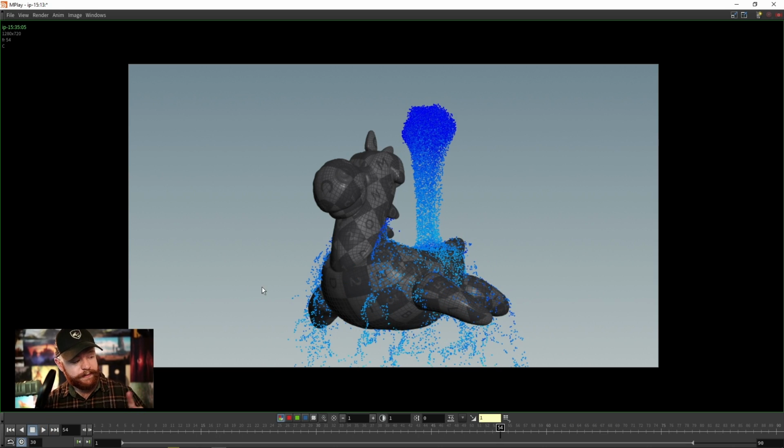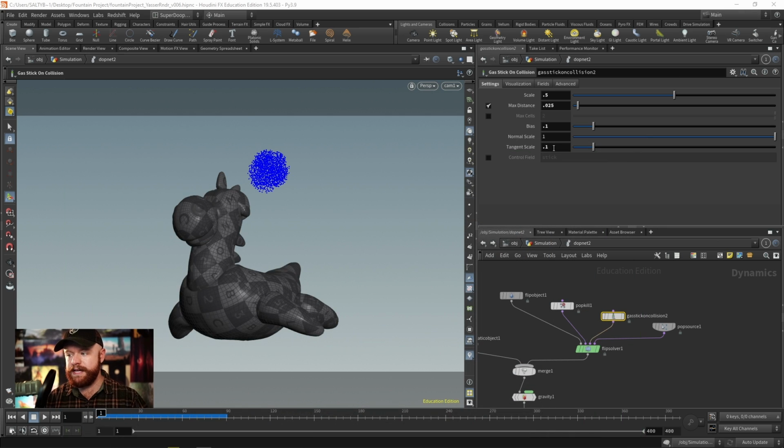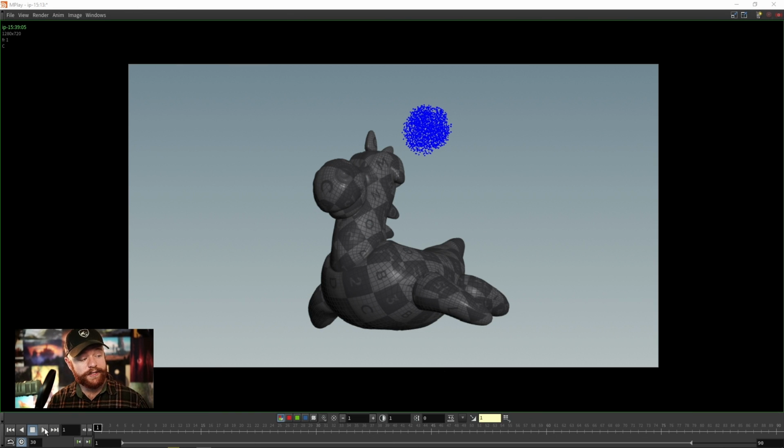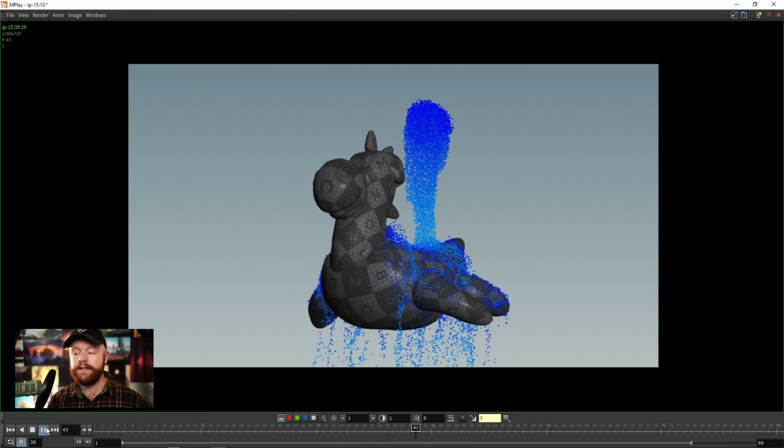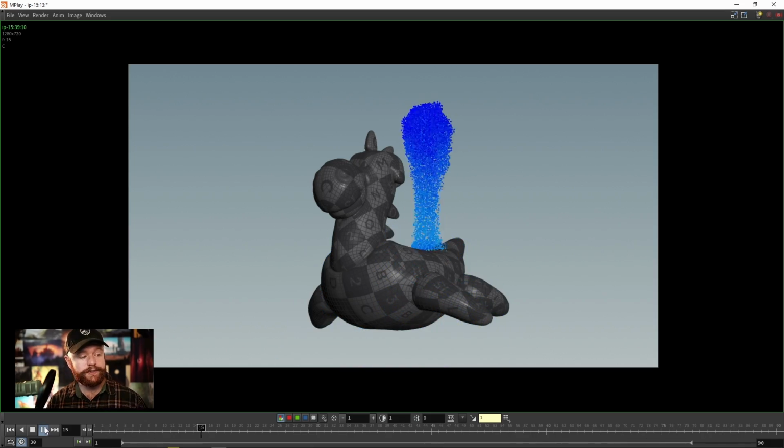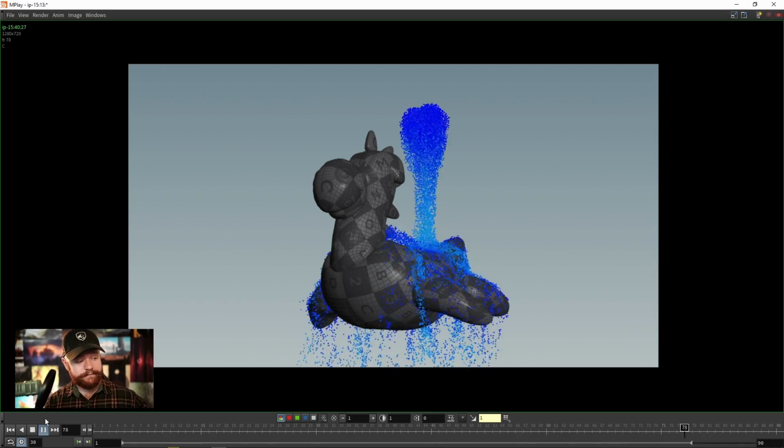So real quickly, let me also bring back the tangent scale, set that to 0.5 or 1, which is the default. And let's see what happens when we overdrive the normal scale and then when we turn the normal scale down. Here's the normal scale at 5, which is actually getting us closer to what we want.